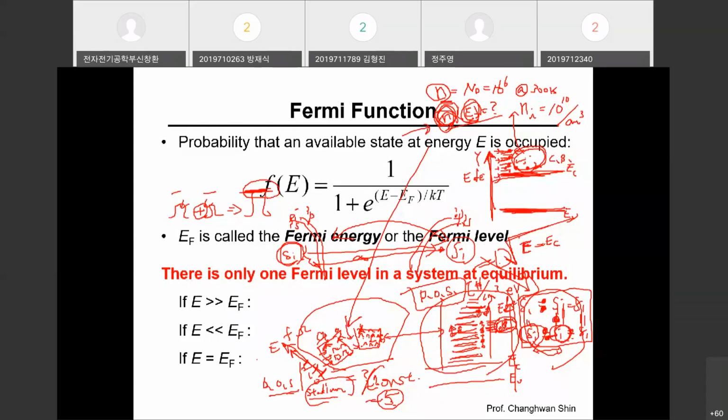The data analyst will do this. Let's count the seats at each energy level. That is equivalent to the density of states.